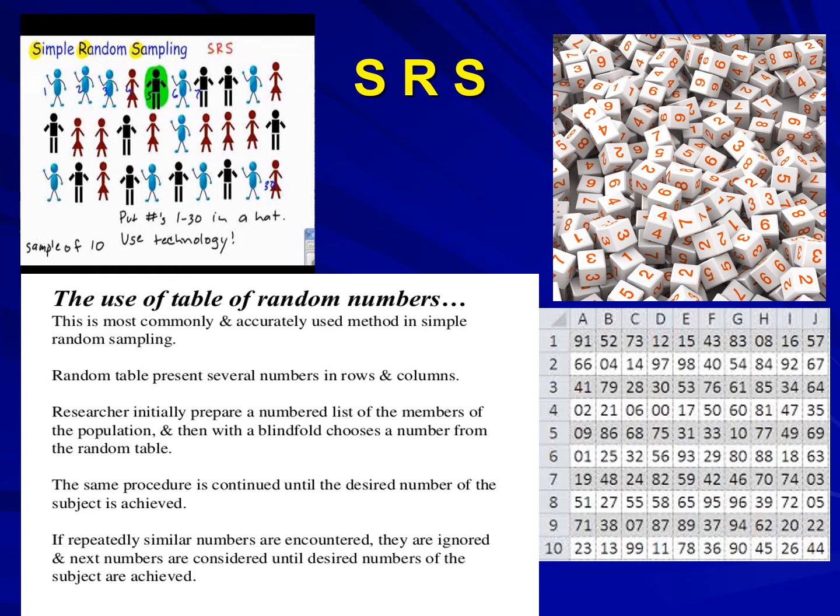This random number table can be of 2-digit, 3-digit, 4-digit or 5-digit. As per your sample size, suppose you want to collect only 100 samples, you can use a 2-digit random number table. Suppose you want to select from a 1000 population, in that case you have to use 3-digit random number tables.